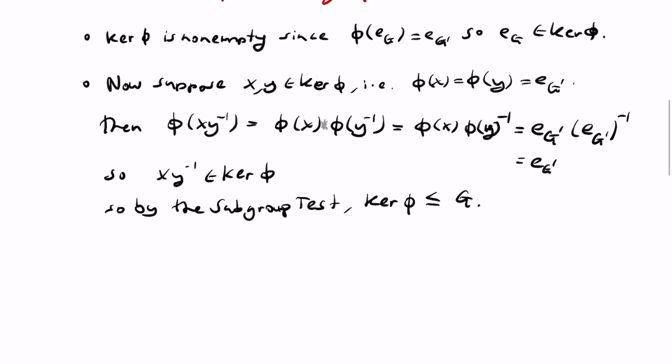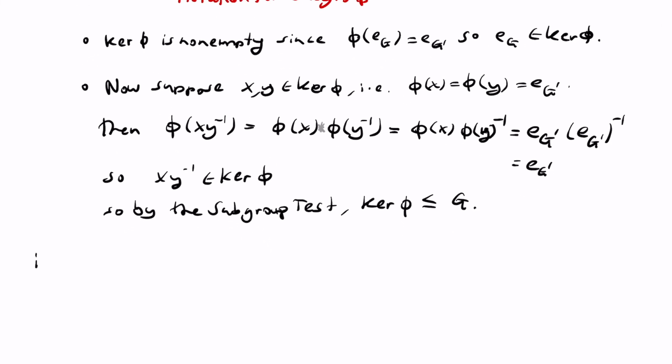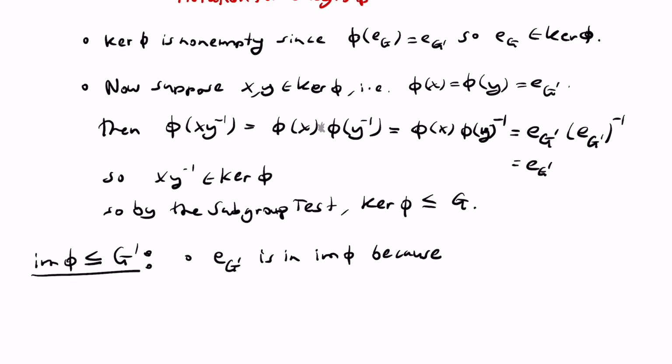Okay, so let's do a similar thing to prove that the image of phi is a subgroup of G prime. So first of all, we need to know it's non-empty. Okay, so the identity of G prime is in the image of phi because it's the output of something.